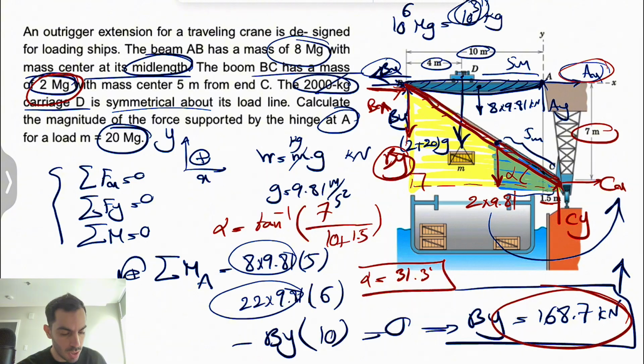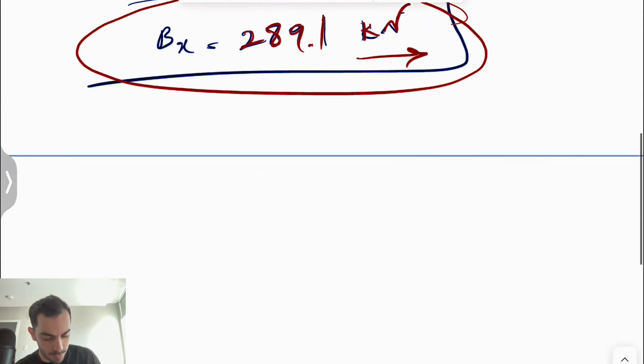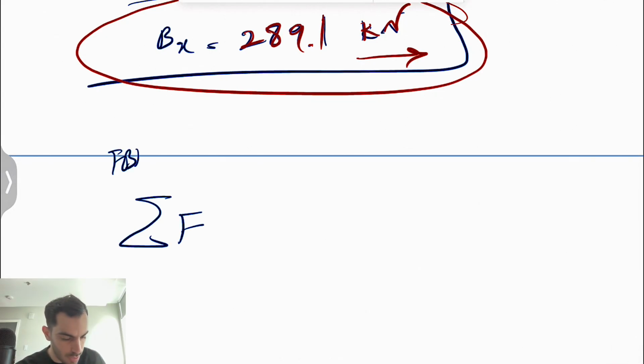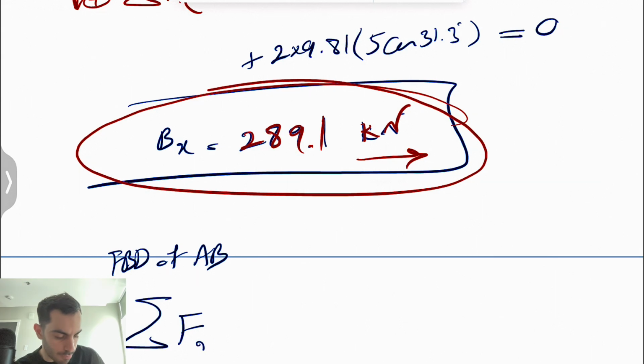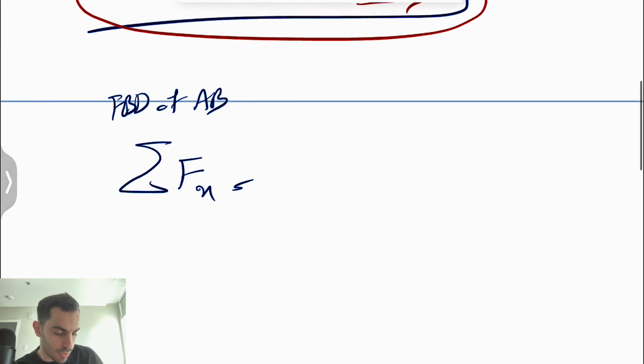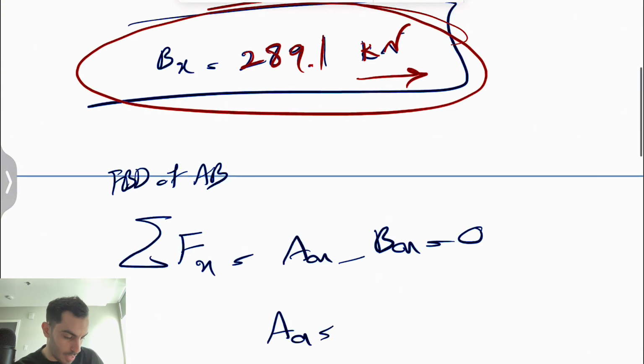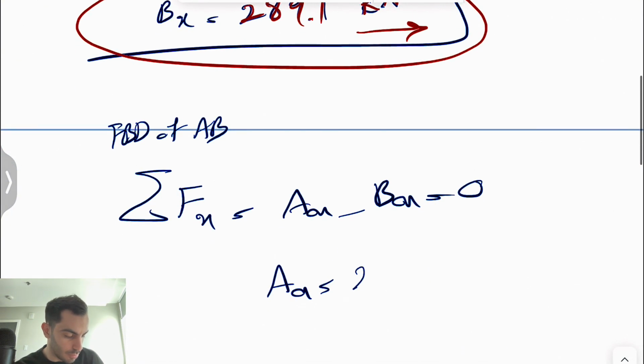If we just do the sum of all forces in x from the free body diagram of member AB, we're going to have Ax minus Bx equals 0. So basically our Ax is also 289.1 kilonewtons.